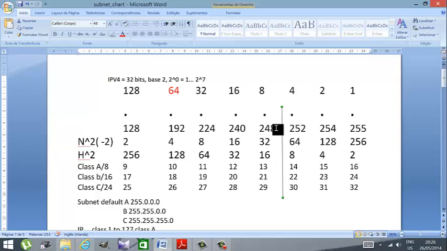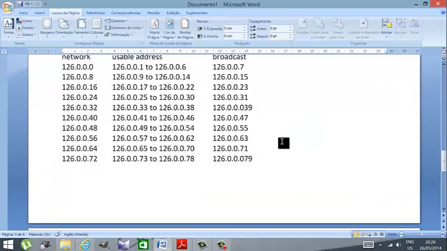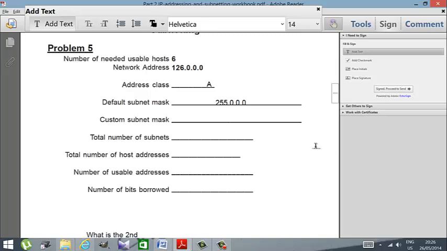So 21 bits, and it's going to end in 248. So for our questionnaire, what's the custom subnet mask? 255.255.255.248.